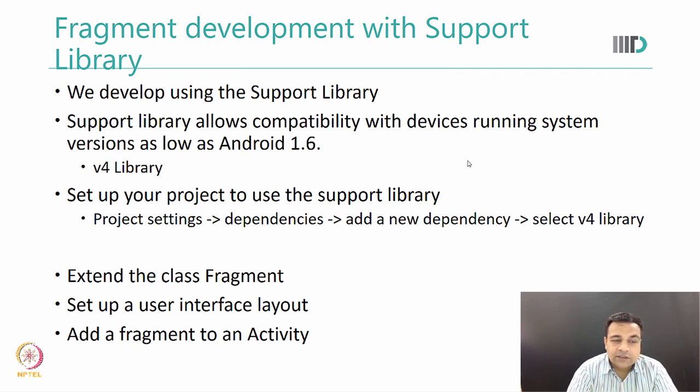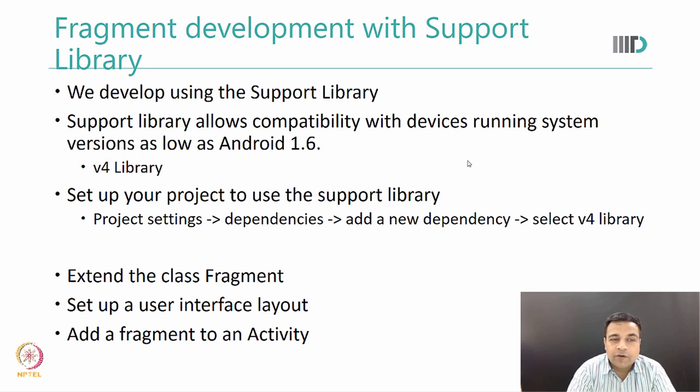There are two major reasons for doing this. Reason number one is that the support library allows compatibility with devices running system versions as low as Android 1.6. The name of this library is the v4 library, and if you develop your fragments with the v4 support library, which is recommended by Google and the Android developer community, you can support devices running as low a version as Android 1.6. That is very old Android devices as well.